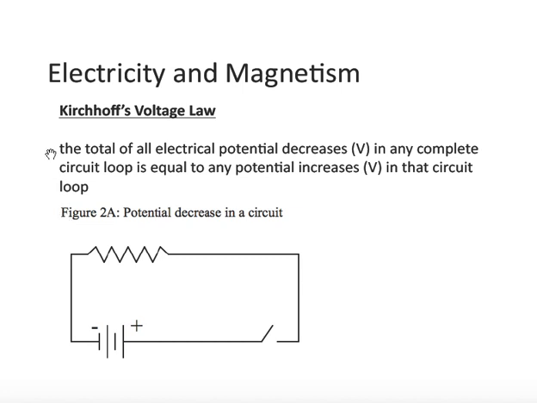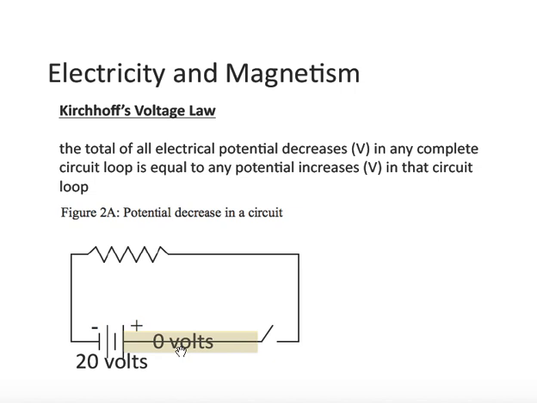First of all, what does a circuit loop mean? And what does a potential increase and a potential decrease mean? Well, for the sake of argument, let's say that this specific cell or battery has a voltage of 20 volts. Voltage would be increasing here, or potential would be increasing because that's what a battery does. It adds energy to the circuit.